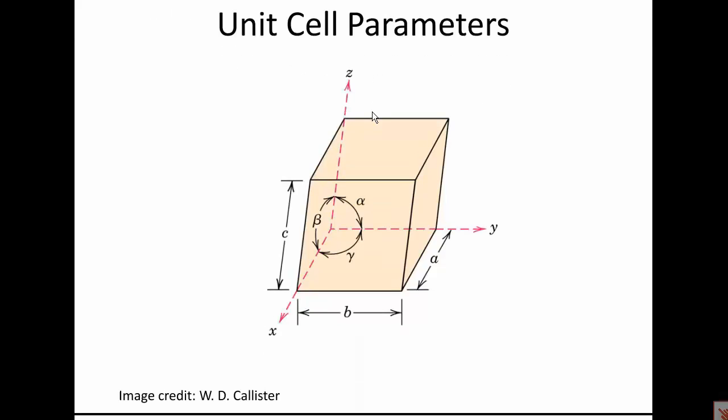Once we have chosen a unit cell, we must establish the parameters of that cell. And there are 6 possible parameters: the sides, a, b, and c, and the angles between the sides, alpha, beta, and gamma.